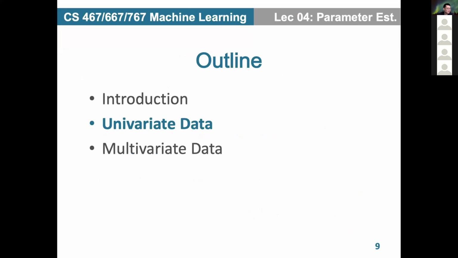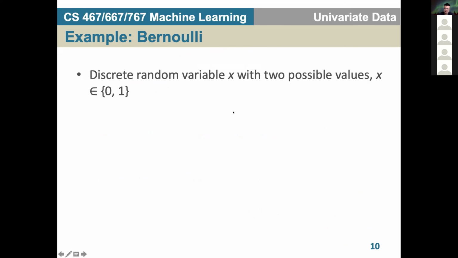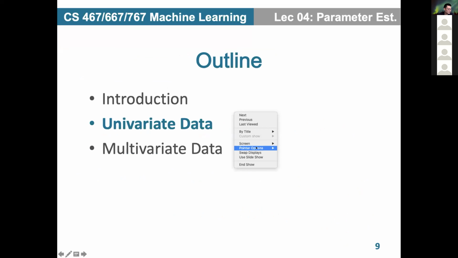And the last time we talked about, we saw univariate data, which means we only look at something like y is equal to f theta x. So this x is not a scalar.